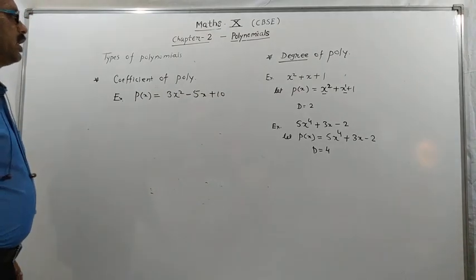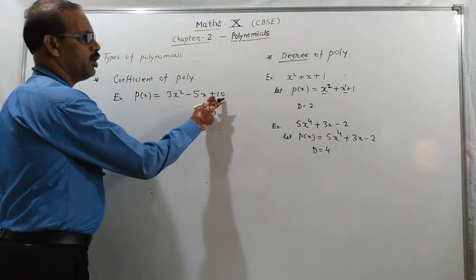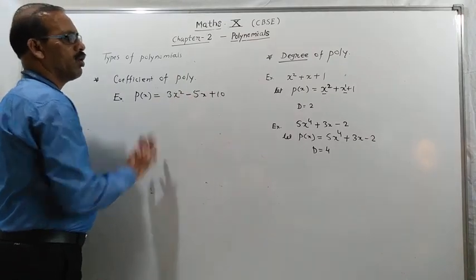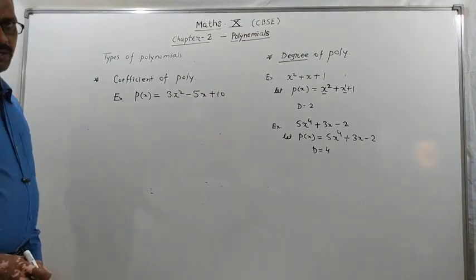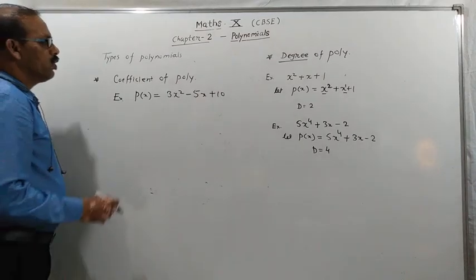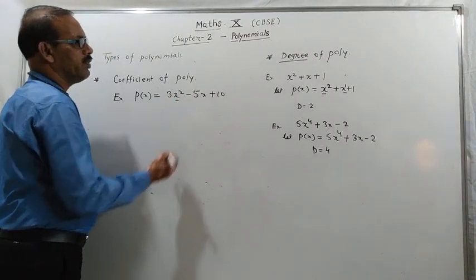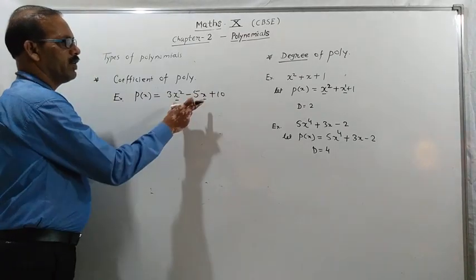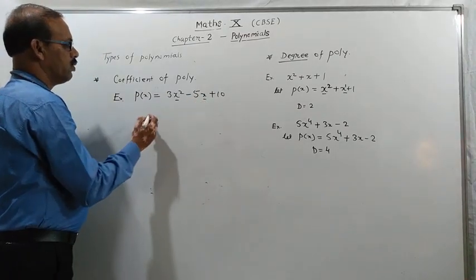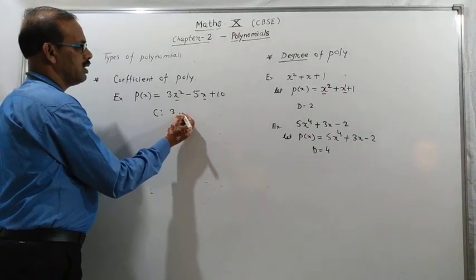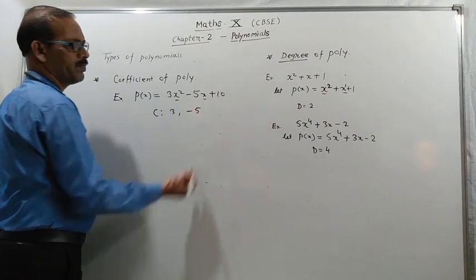Actually, this is an example of a quadratic polynomial, and as it contains 3 terms, we call this one a trinomial. Now, coefficient. First we concentrate on the variables. The number of variable terms is 2. Therefore, the coefficients can be expressed as 3, minus 5.